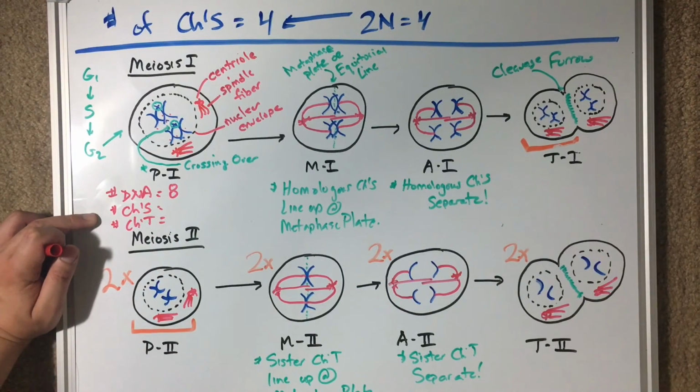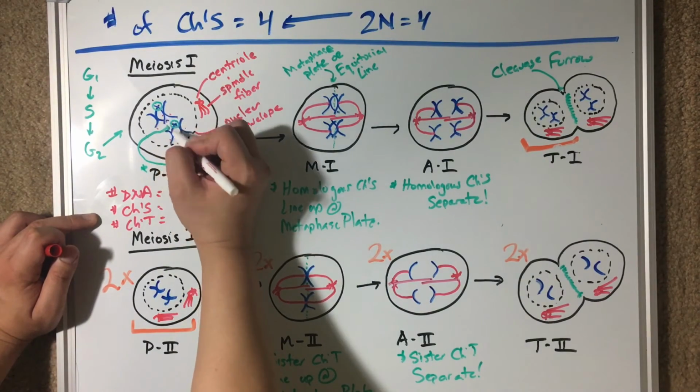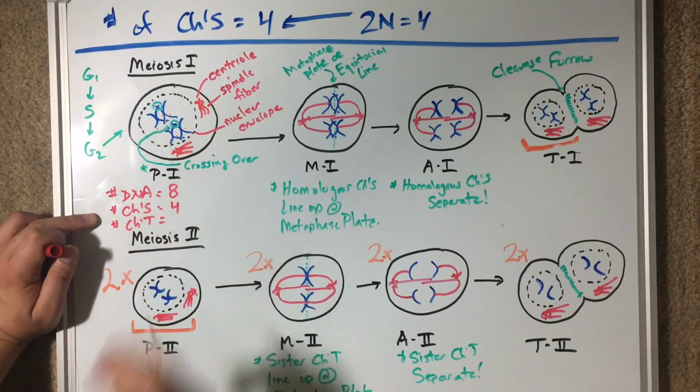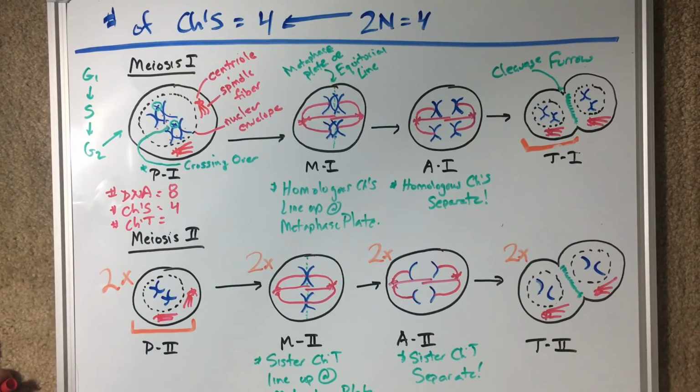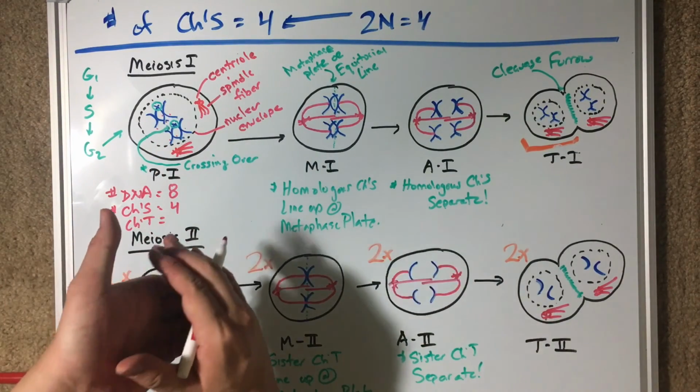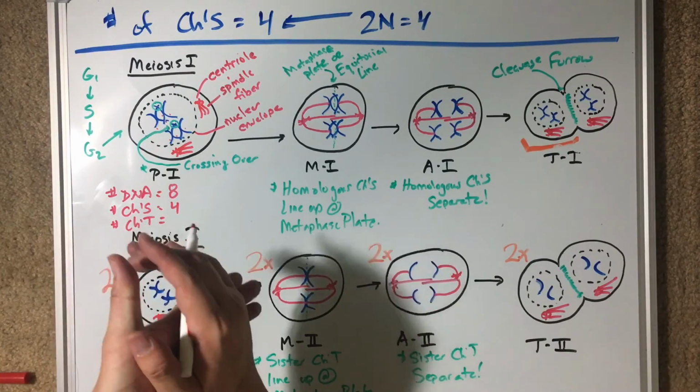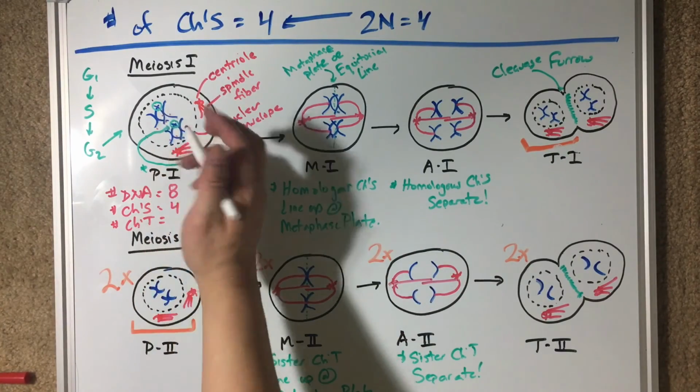How many chromosomes? I see 1, 2, 3, 4. Now, why is it 4? Some of you guys have watched my mitosis video and you heard that, well, if they are touching, they should be considered one chromosome. If they're one entity, well, they're not here and crossing over. They're not actually touching. They're just hovering over each other. They're not actually attached or stuck together like at the centromere.